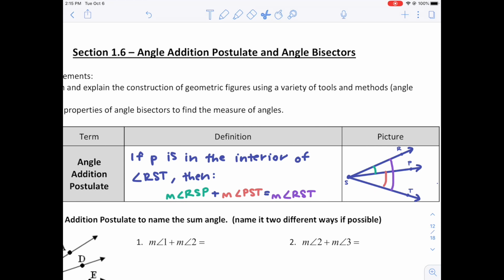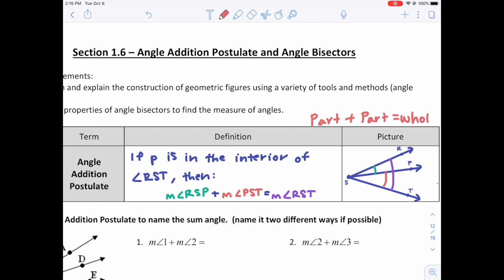That's what this says. If we have two smaller angles, measure of angle RSP plus measure of angle PST, then you're going to get the measure of angle RST. Very similar to the segment addition postulate in that it's a part plus part equals the whole situation.